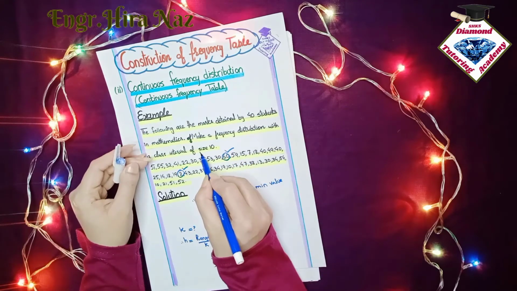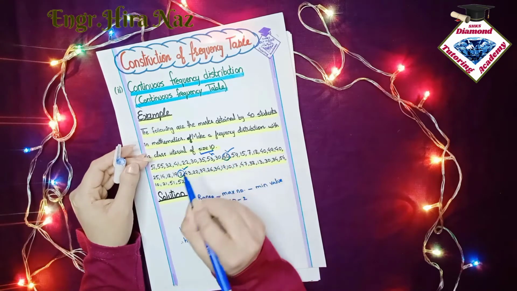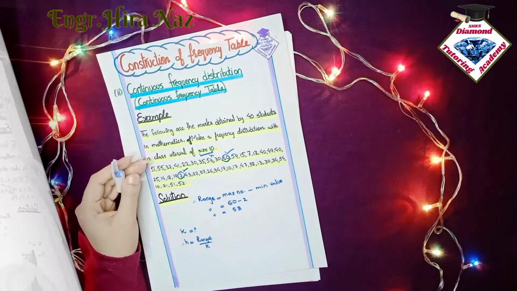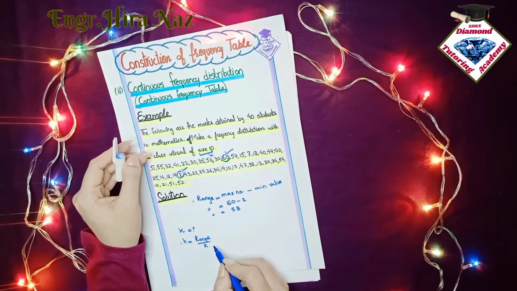Here the size H is given, so we don't need to find H, but we have to find the number of groups.